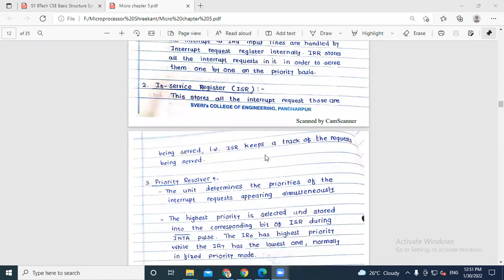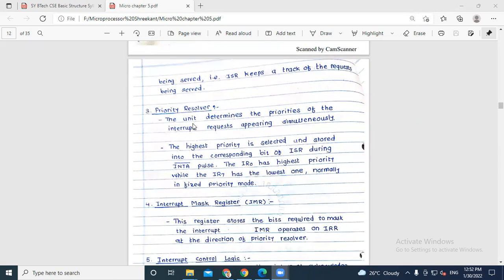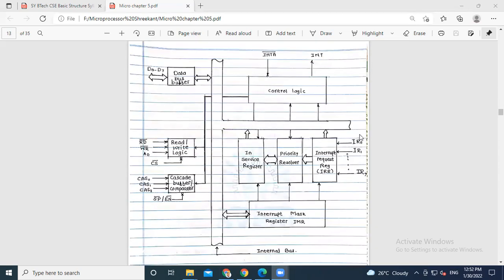So here the in-service register stores all the interrupt requests that are being served as an ISR and keeps track of the request being served. Next one is the priority resolver. As per the priority level, that is going to be executed. In that priority, interrupt request 0 is the highest priority and interrupt request 7 is the lowest priority, as in the diagram.